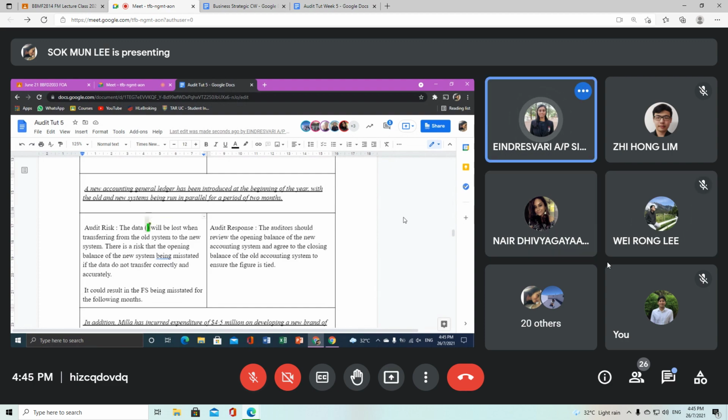Okay, Divya. So what is the data that we are transferring here? Closing balance, is it? What closing balance? Closing balance from the old system. Which accounting record do we get the closing balance from? Trial balance, yes, perfect. They are changing the accounting system, right?